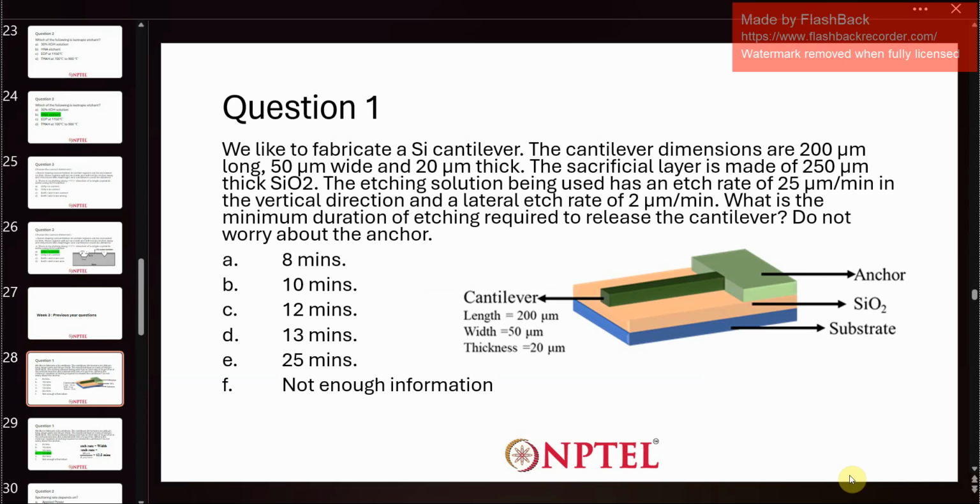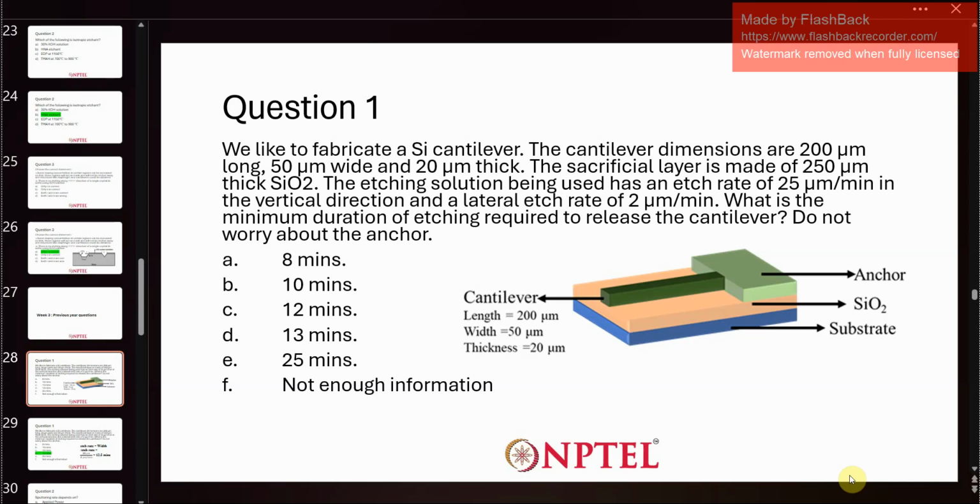Here they have a device. The cantilever has dimensions of 200 micrometer by 50 micrometer by 20 micrometer. The sacrificial layer is made of 250 micrometer SiO2. The etching solution has an etch rate of 25 micrometer per minute in the vertical direction and a lateral etch rate of 2 micrometer per minute.